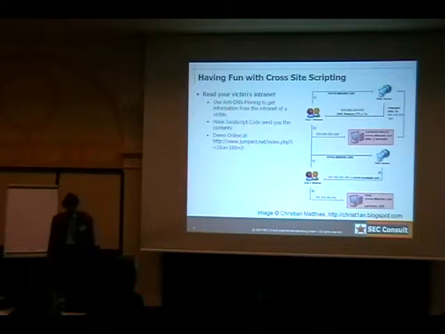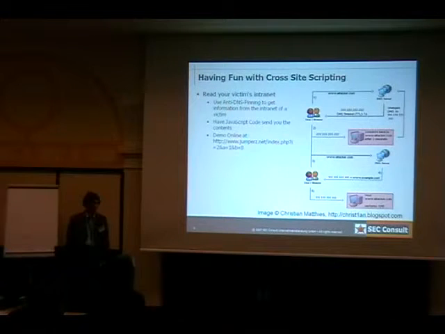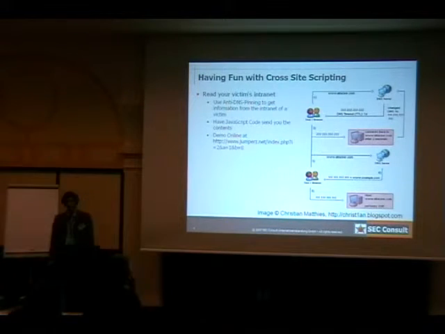So this can be exploited. As I said, just place the according scripts on any arbitrary server, and anyone who surfs this web page has his intranet read if the attacker knows the IP address of the intranet.